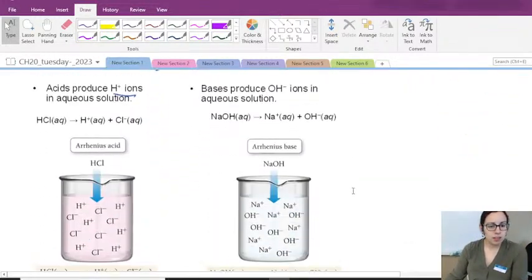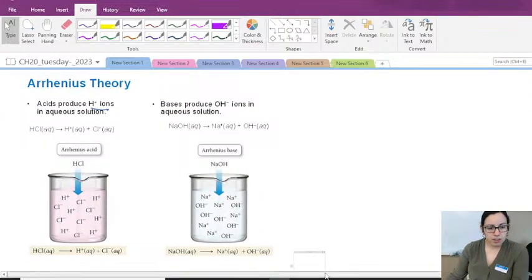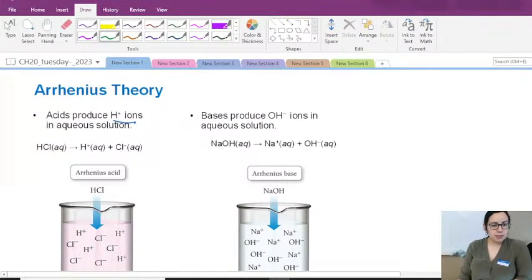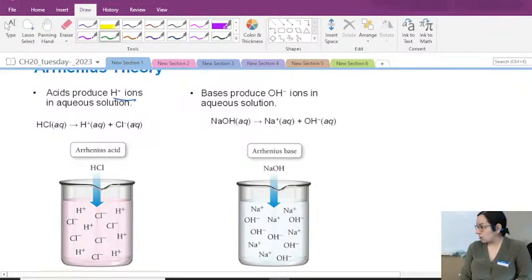So let's look at our Arrhenius theory in depth. Again, we said that these were acids that produce H+ ions in solution. Let's talk about equilibrium a little bit while we're looking at this.